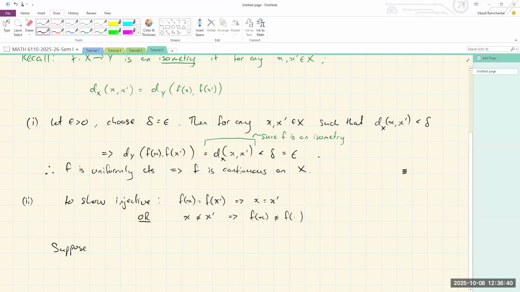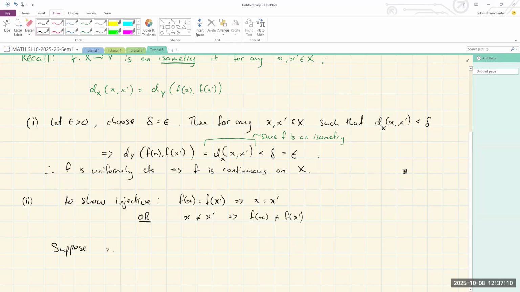I want to emphasize that the x's belong to the metric space X, and the letter y belongs to the metric space Y. If I just put x and y, you might get confused and think that the element y belongs to Y, when in reality it belongs to X. So let's just keep it x and x prime.